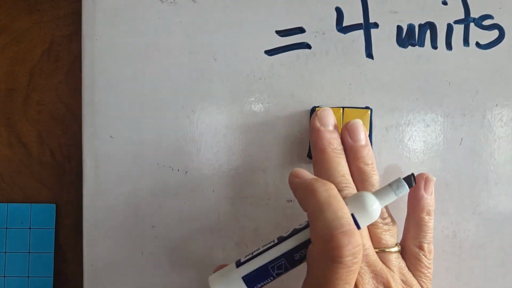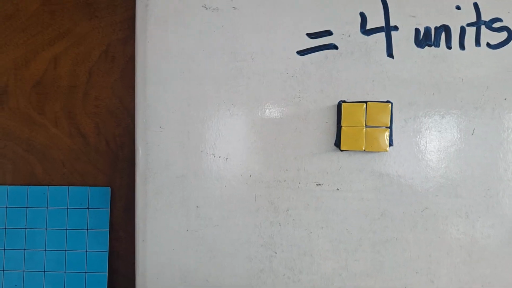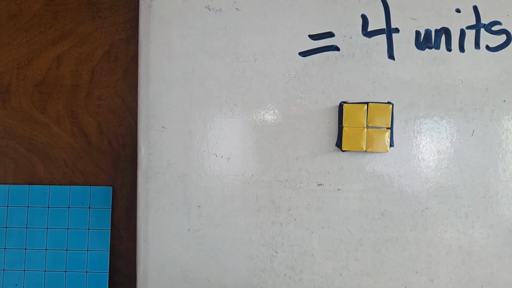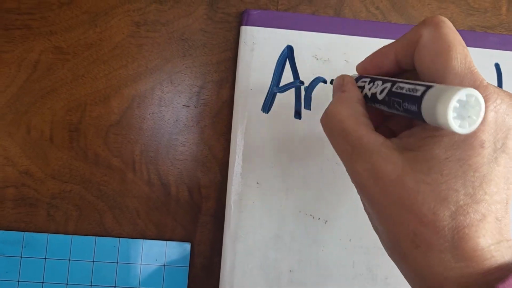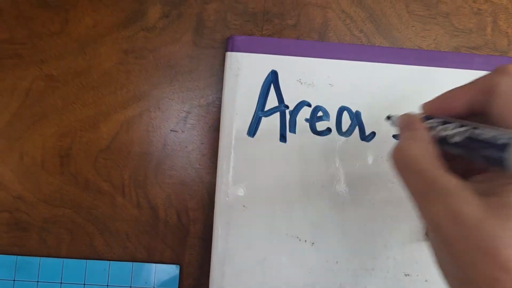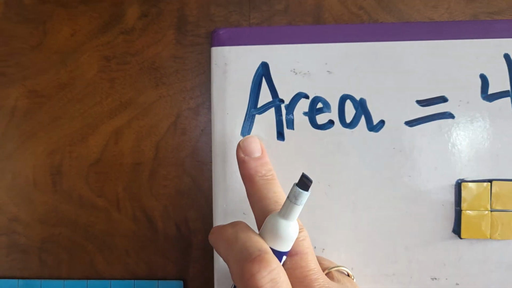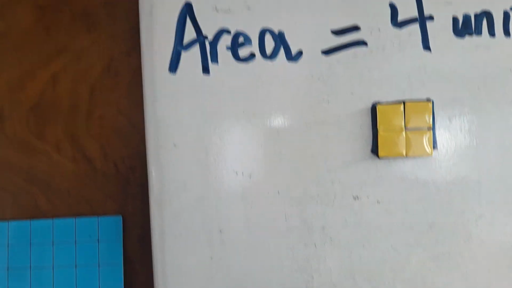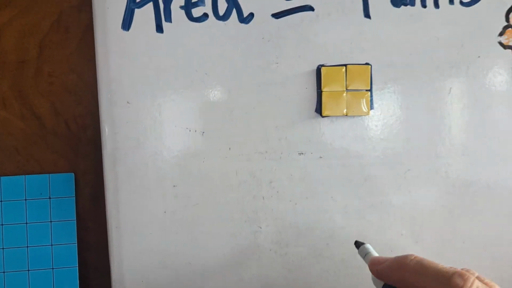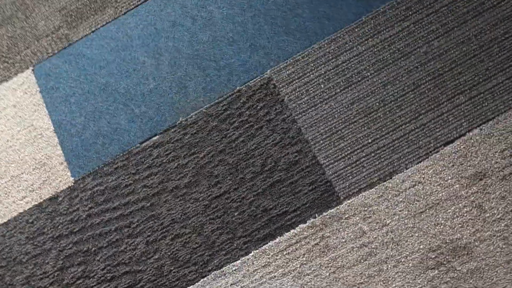When you're talking about what's on the inside of that box, that's called area. There's the word area, A-R-E-A. How much area was covered? Like, I'm going to show you my carpet.